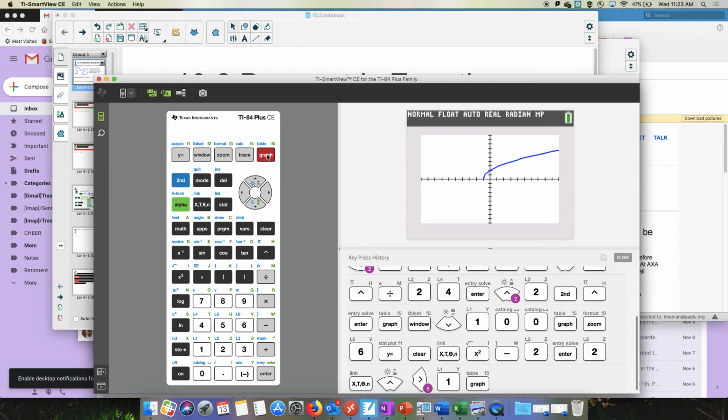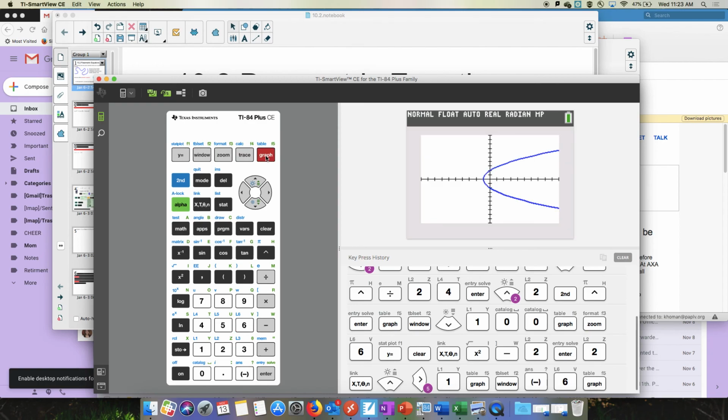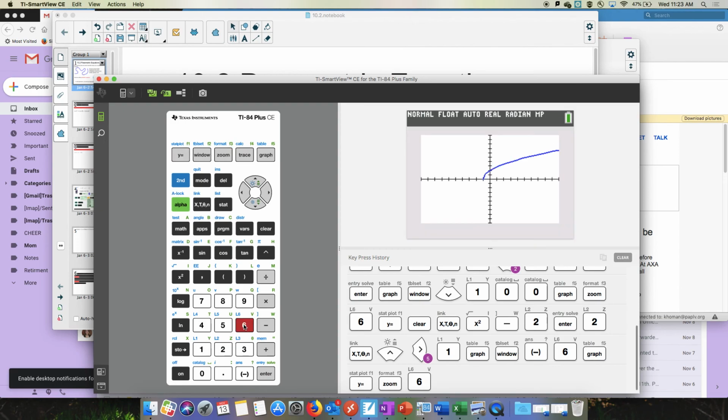Why is that? Because this half of the parabola occurs when t is negative. If I wanted to see that other portion, I would have to go to my window and make my t min something other than 0. Now I can see all of it. It's kind of wobbly. Zoom 6 gets you back to normal.